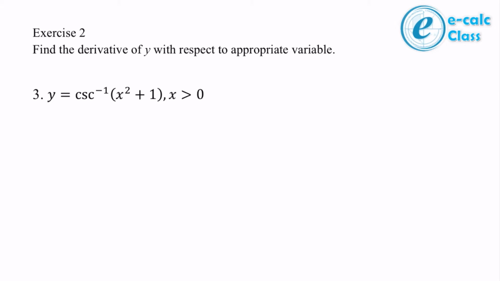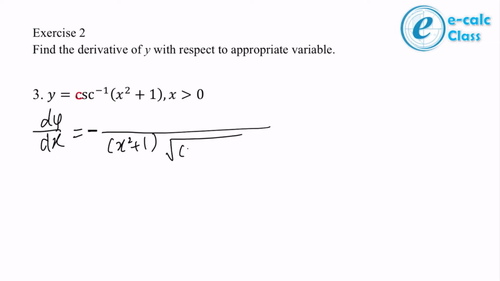Alright? Number 3, cosecant inverse. But for this one you have no choice but to do the chain rule. So dy dx, 1 over, it is a negative, start with c, right? So it's a negative 1 over, copy this one, square root, copy this one, square, minus 1, differentiate inside, simplify.